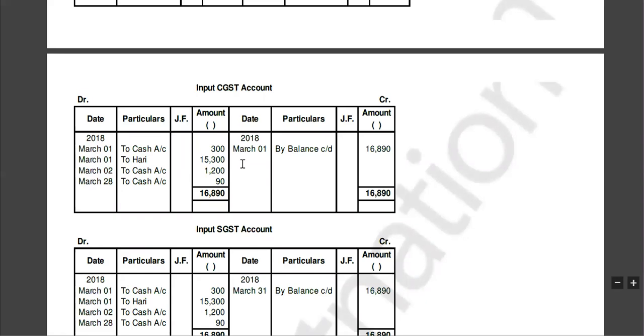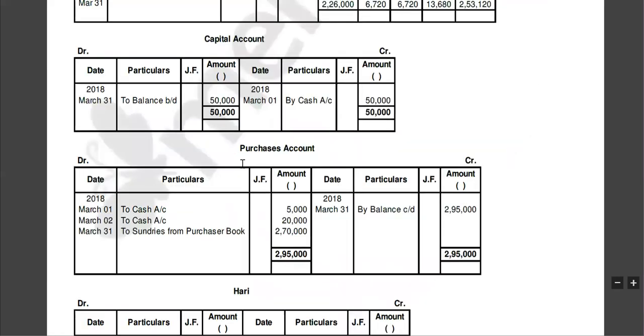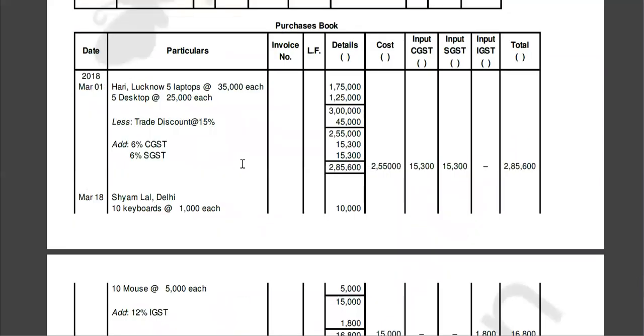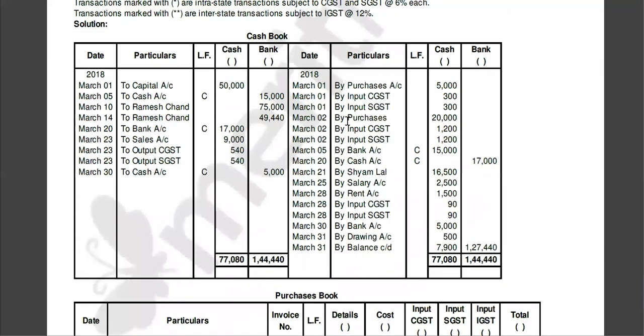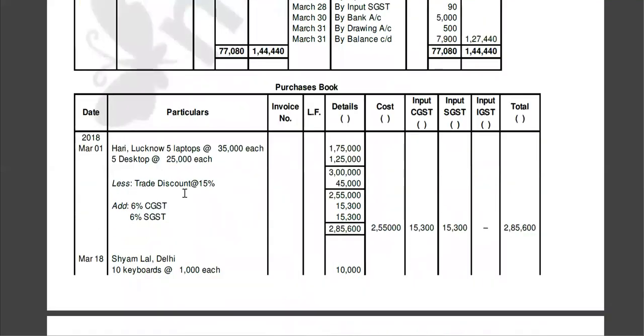So we just total input CGST and output CGST. How will we find out? Here the credit side CGST, SGST, all the credit side taxes are input CGST, and all the debit side taxes are output CGST. Okay, so 1, 2, 3. The same here also, and credit. So in the purchase book also 1 CGST is there.